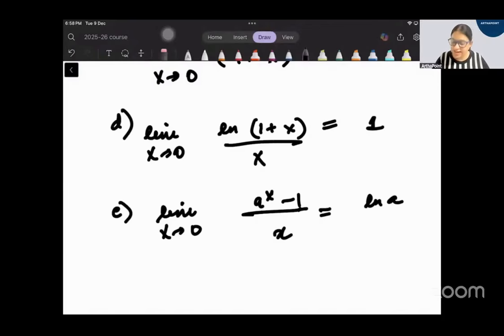So I'm quickly applying the L'Hopital. You should be aware कि इसमें फटफट अपने mind में you should be able to apply L'Hopital and get the answer. So this will be ln a. These are some standard limits which you can remember. I mean, जितना you practice, बहुत सारे questions में you'll see कि the questions can be quickly solved because you would know some of the limits on your own.